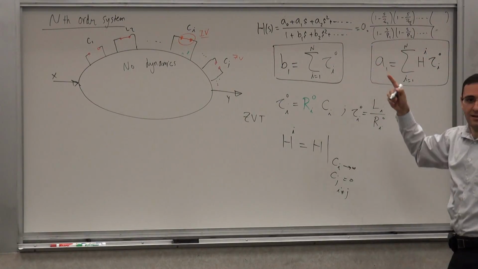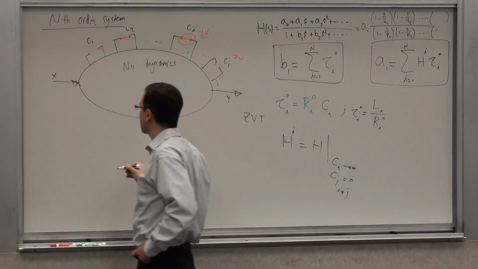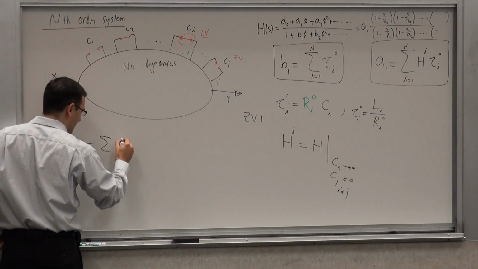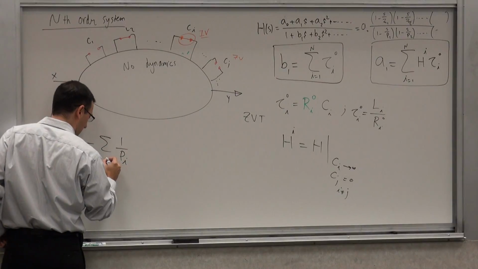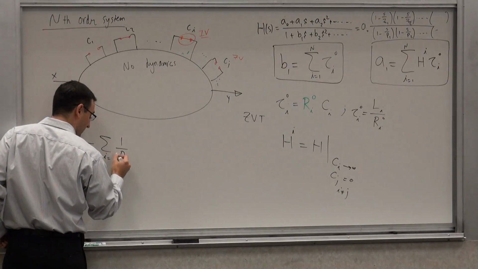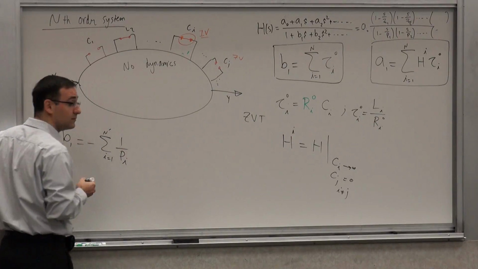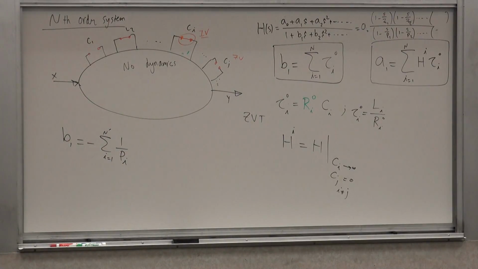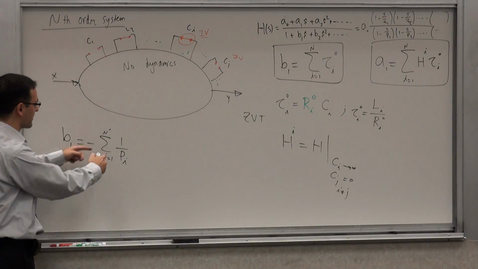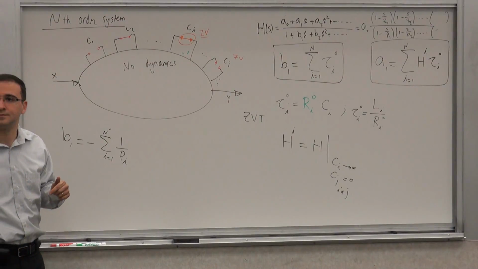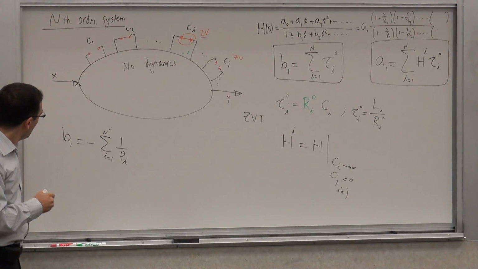And if you look at that, B1, we did this calculation before. We saw B1 was simply minus the sum of the reciprocal of the time constants, of the pole frequencies. Right? We saw this before. And B2 was the two-way products. It was the sum over i, j of 1 over pi pj when i and j are not equal. And so on and so forth.